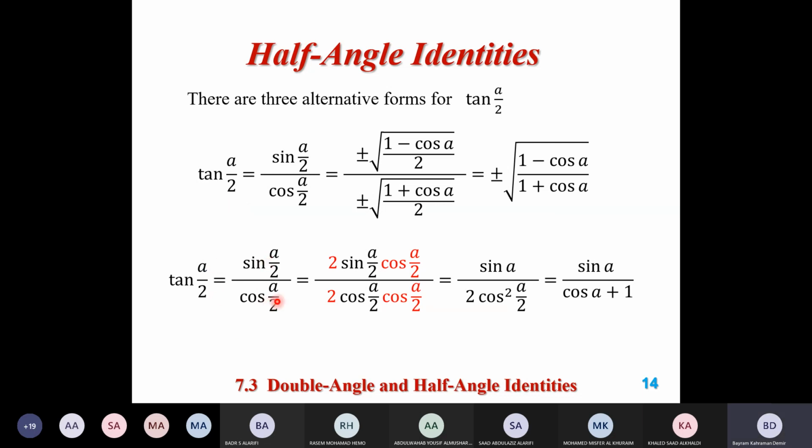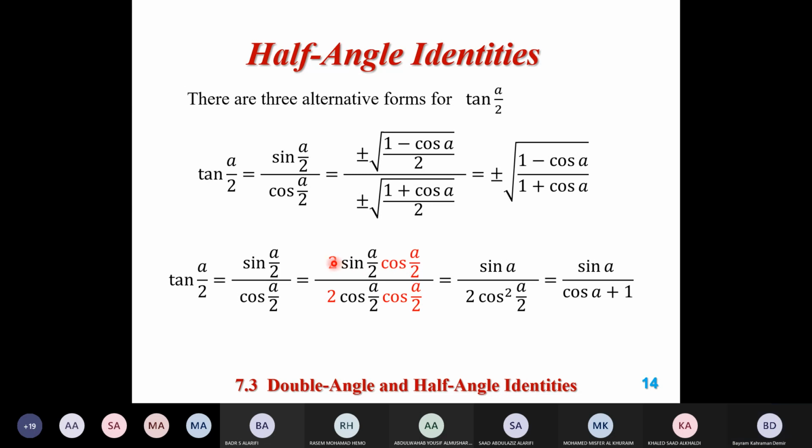Another option, doing it a little bit differently, again sine over cosine, and then I multiply both numerator and denominator by cosine A over 2, and also by 2 here. So why did I do that? Because first, the numerator, 2 sine A over 2 cosine A over 2, is equal to sine of A, actually.